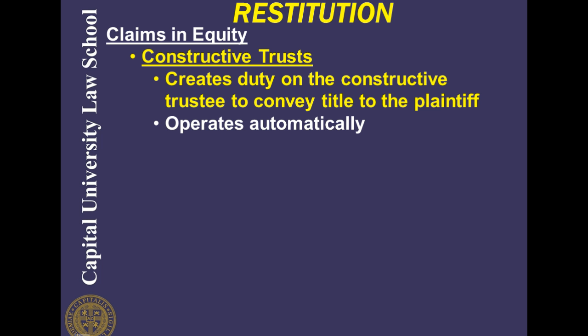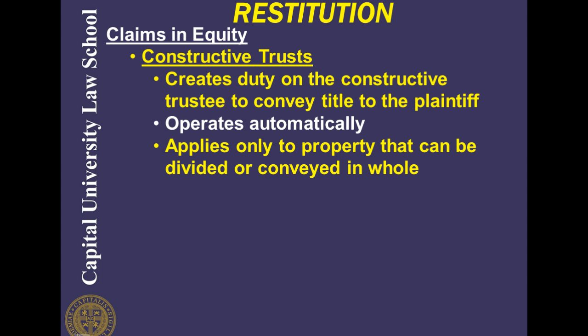It's self-executing. The defendant is now said to have conveyed the property back to the plaintiff, and the plaintiff holds it in trust, and it now has title to the property.